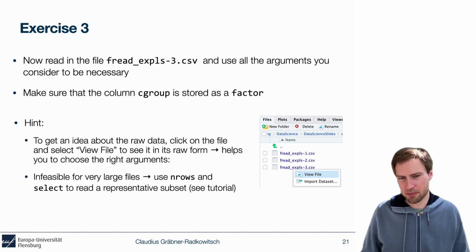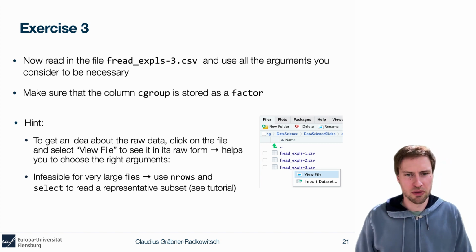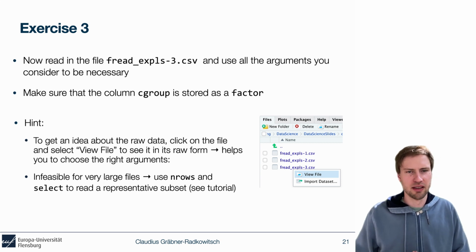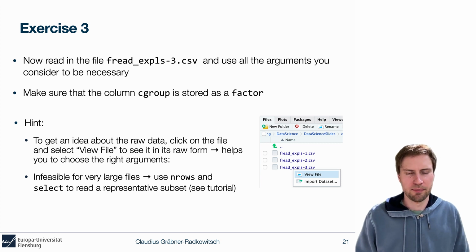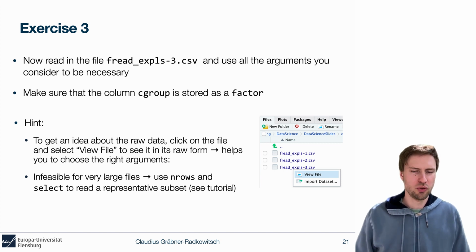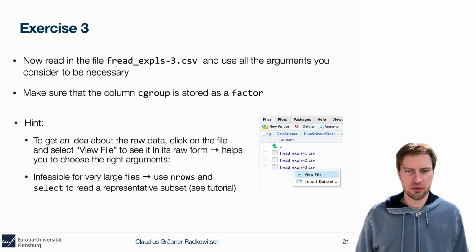But that's not absolutely essential for the data sets we're about to work with here. So the main task, the primary focus in this exercise, is to read in this example CSV and make sure the column C group is stored as a factor. And to do so, you should make use of all the optional arguments that you consider relevant that you have encountered so far.